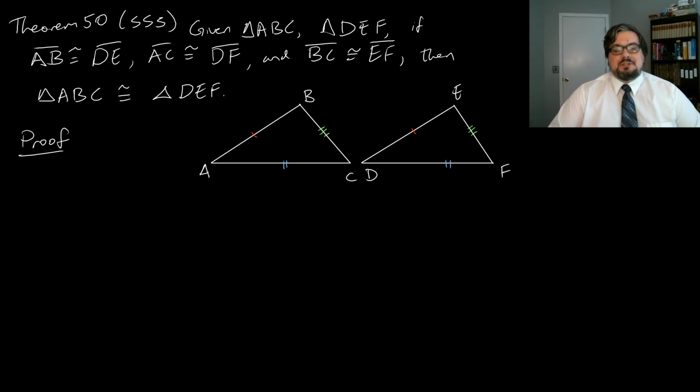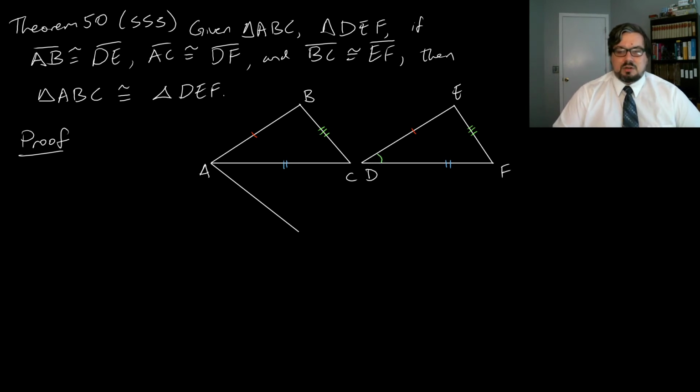So what we're going to do is we're going to copy the triangle DEF over onto the figure of triangle ABC. But what we're going to do is we're going to do it below there. And we're going to do this in a particular way. We're going to construct this point here, and the way that we're going to do it is the following.